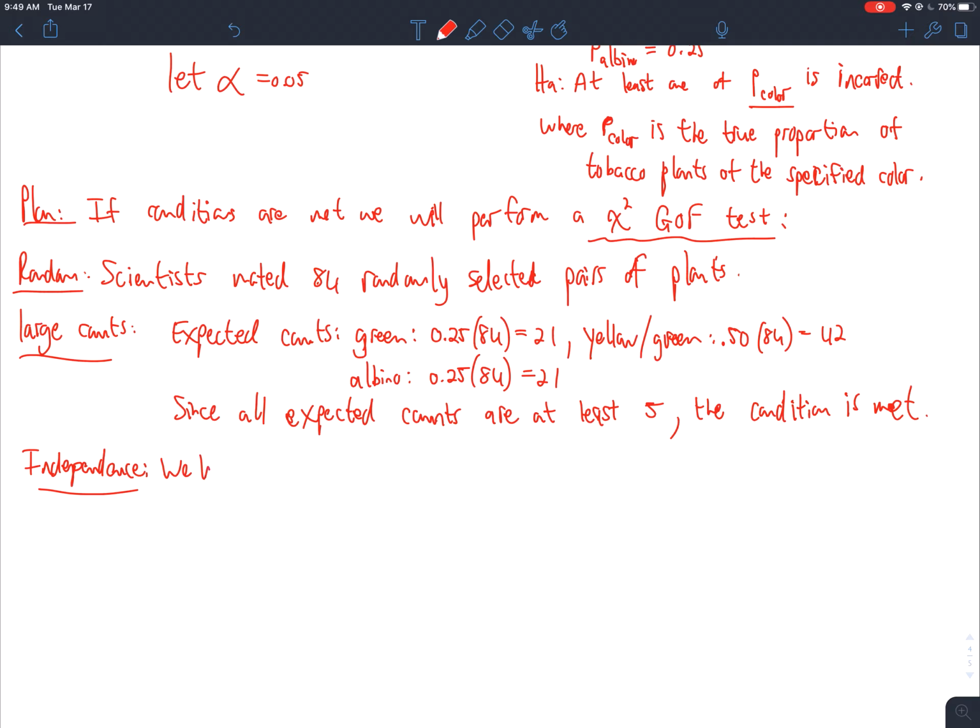Let's say we have to assume that there are 840 plants in the population.